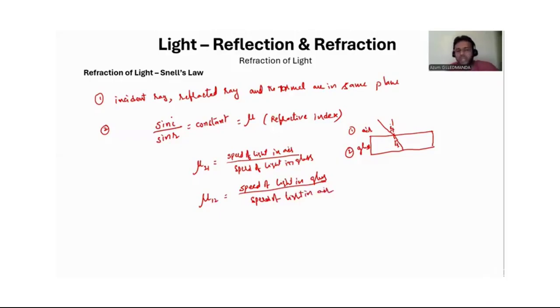Okay, so basically the refractive index is relative. It's relative to the medium. So it can be from air to glass or glass to air. Okay, so that's Snell's law. Snell's law states that the ratio of the sines of the incident and refracted angles is a constant, and that constant is called the refractive index.